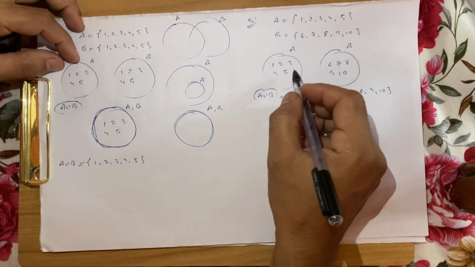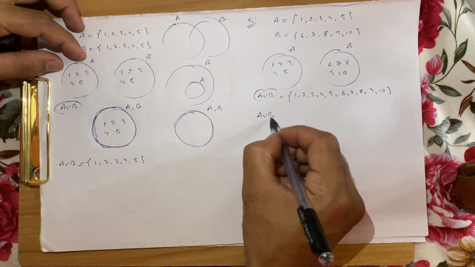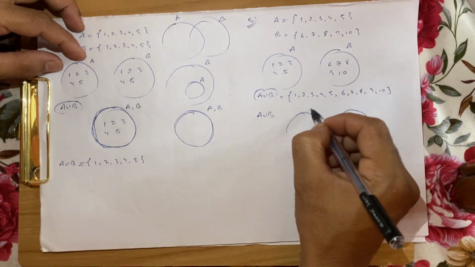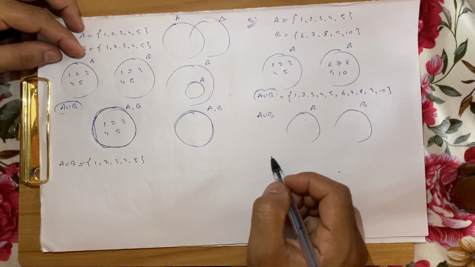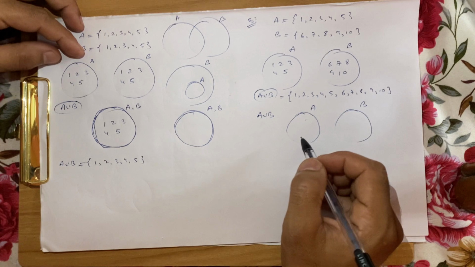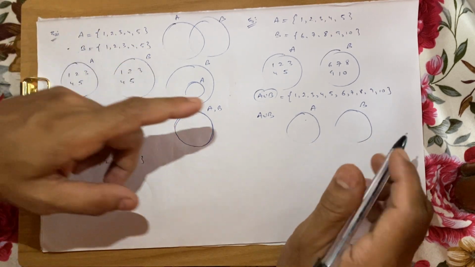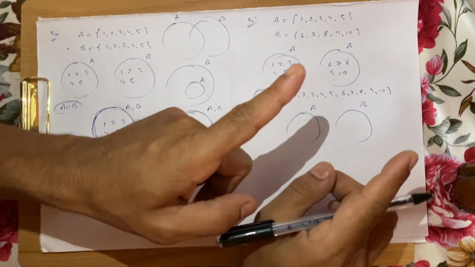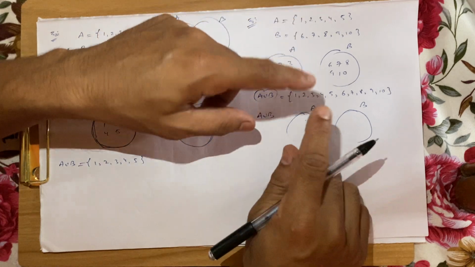In terms of the Venn diagram, if you combine both these diagrams, A union B will be just like this. This is A and this is B. It will be two circles nearby each other, but these two circles will not touch each other. Why? Because if you look carefully, set A and set B have no elements in common.